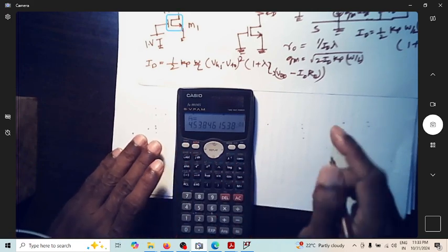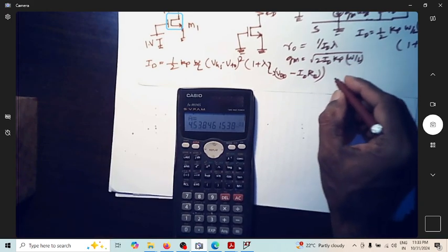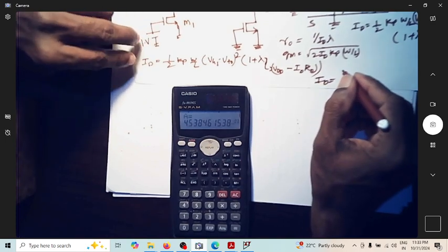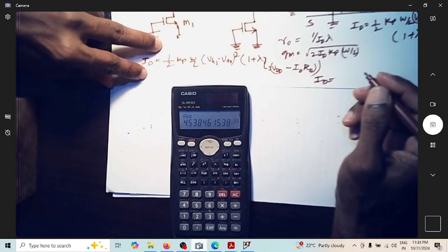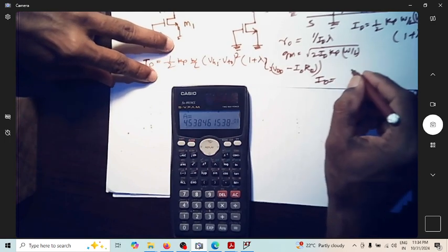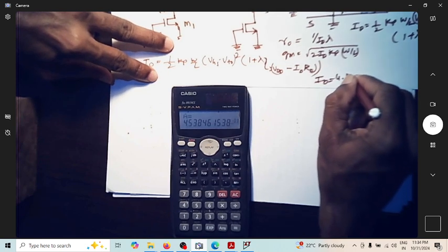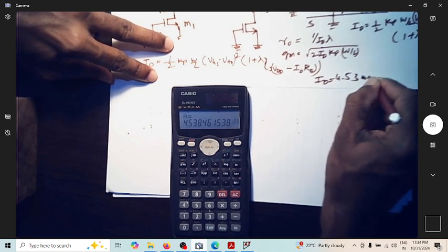So this has given the value of ID. It's not one of the values, it's the only value: 4.53 milliamperes.